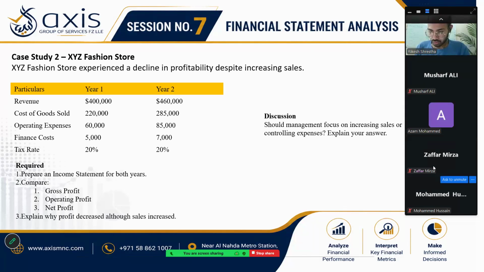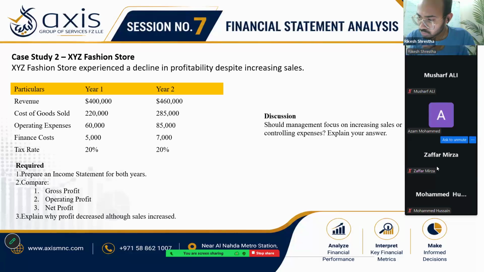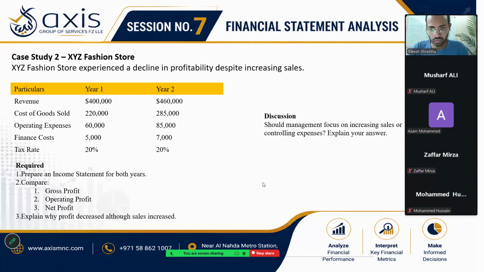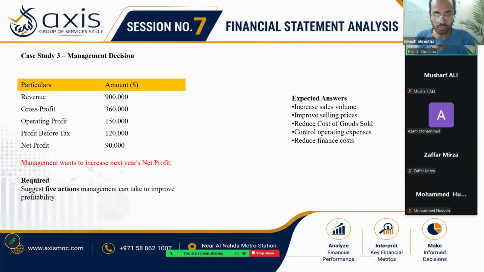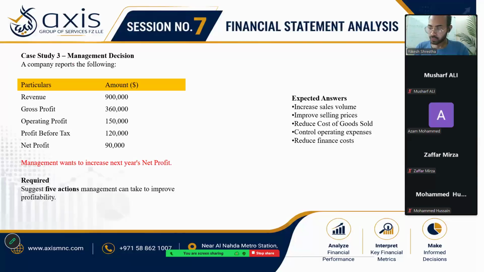Finance cost, PBT 115 and 83. The tax 23,000 and 60,600. Next case study 3.